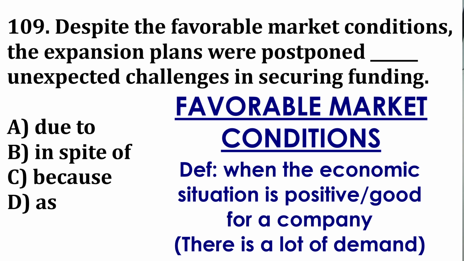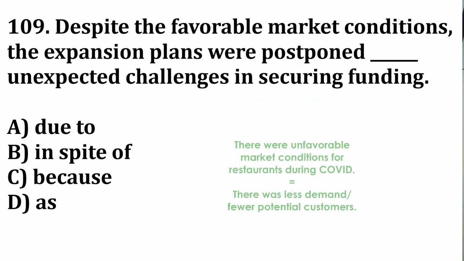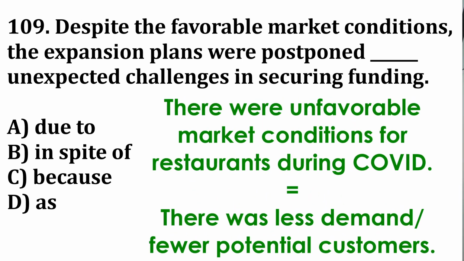Basically, supply does not exceed demand. So, if I said there were unfavorable market conditions for restaurants during COVID, you're saying at this time there is not as much demand for the restaurants, and so there are fewer customers. This is unfavorable market conditions.